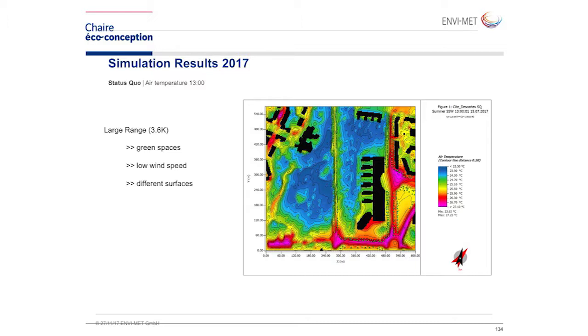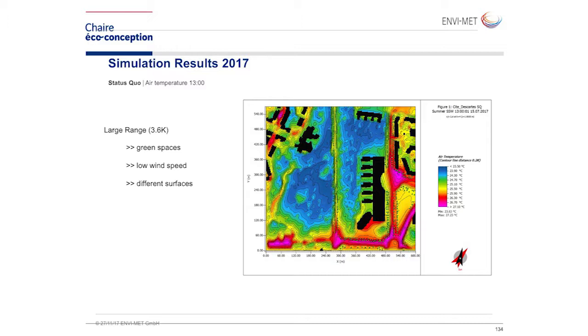That's really a large range for such a small area. It's more or less the range you have between the center of Central Park in New York City and the hottest points in New York City. So that's just to give you an impression that this is really a large gradient in temperature.